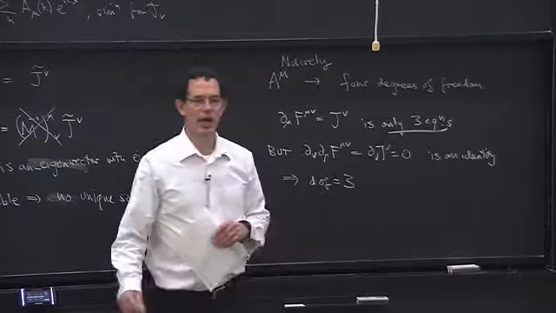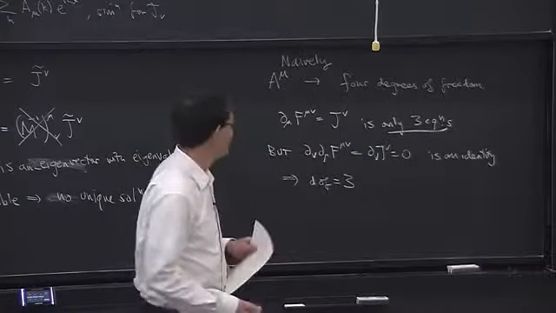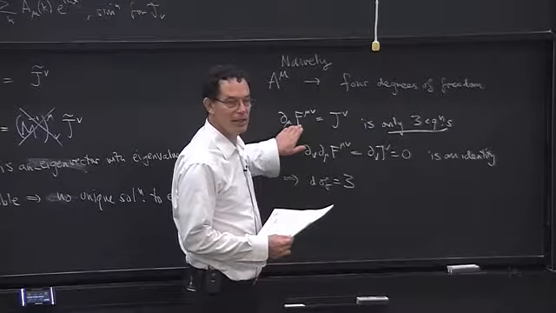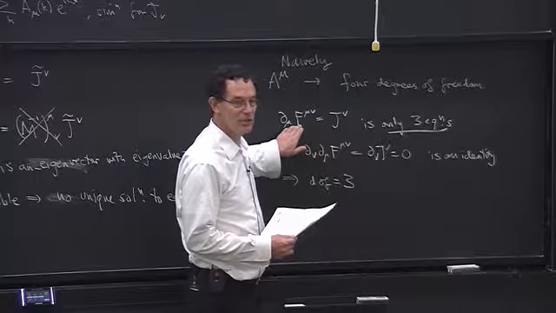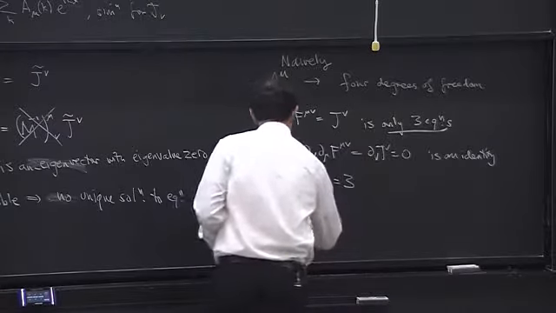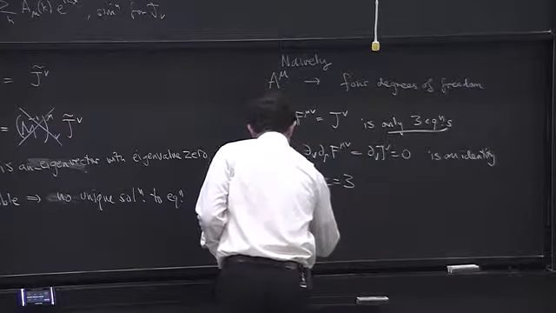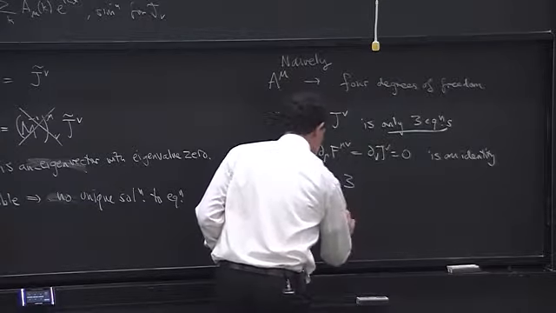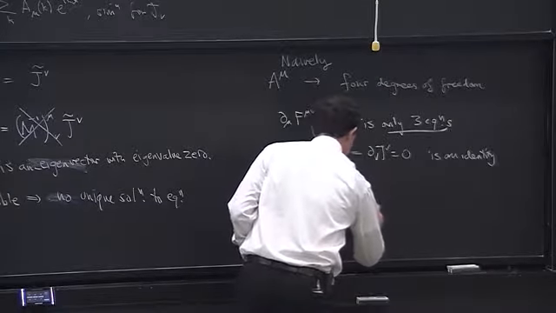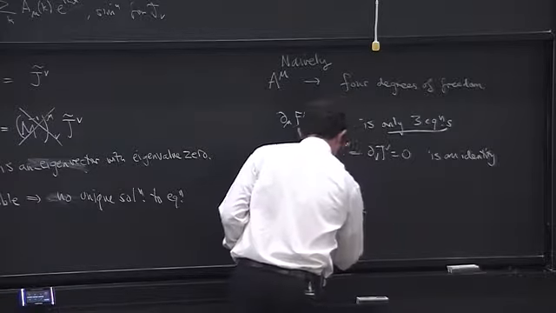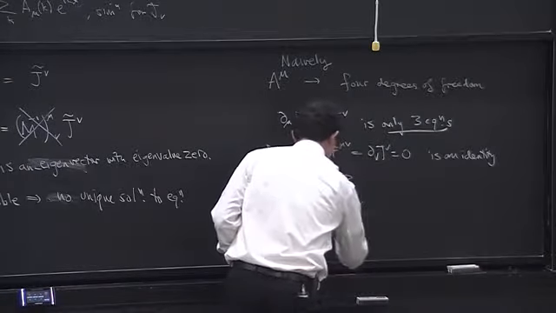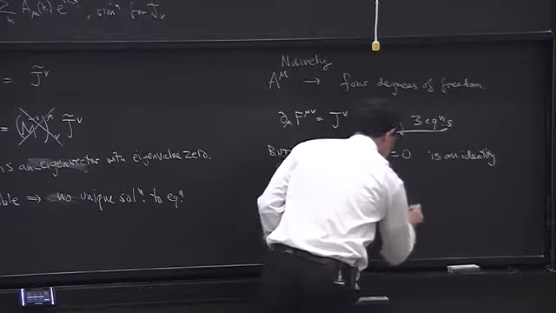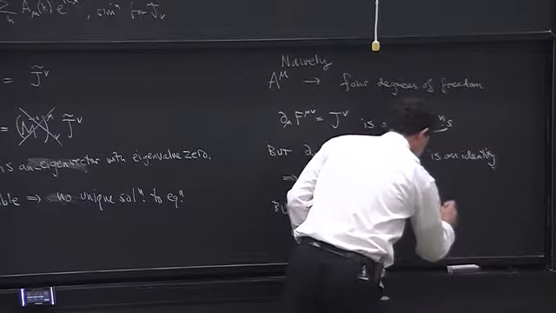But it's actually worse than that, because not only did it go down to 3, but the whole theory is invariant under gauge transformations. We have invariance: A mu prime equals A mu plus d mu epsilon is also a solution.